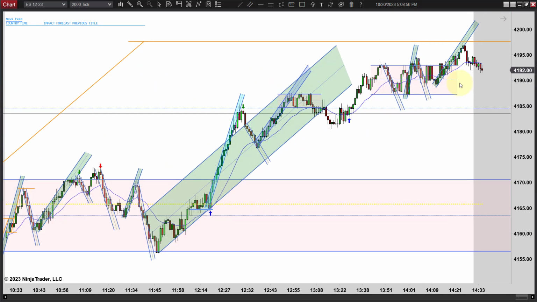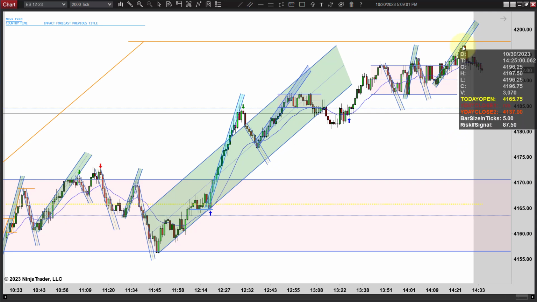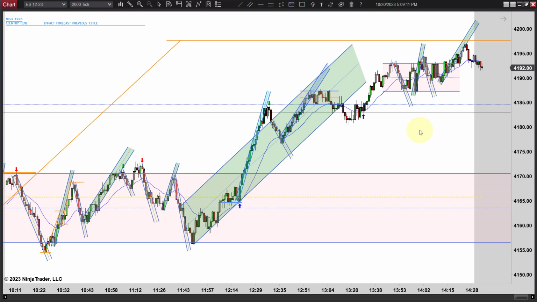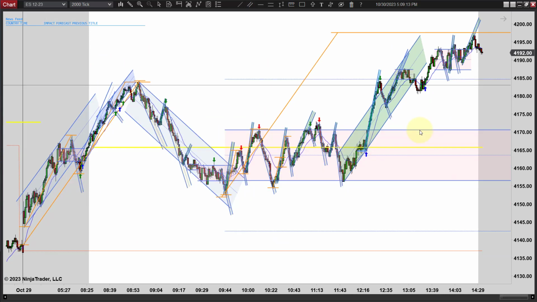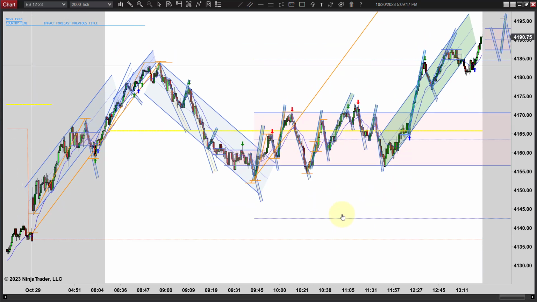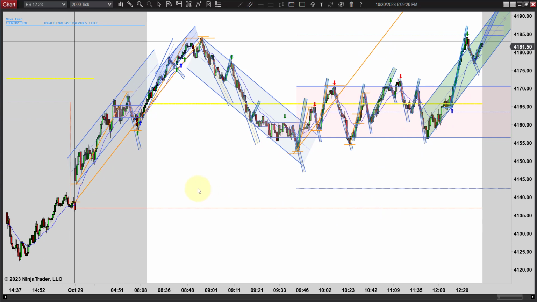So the high today is going to be up here, and you can see the high was 41.97.50. So we didn't quite get to 42.11. Prices may attempt to fill that gap since we're so close now, but again, we'll just have to see what tomorrow brings.